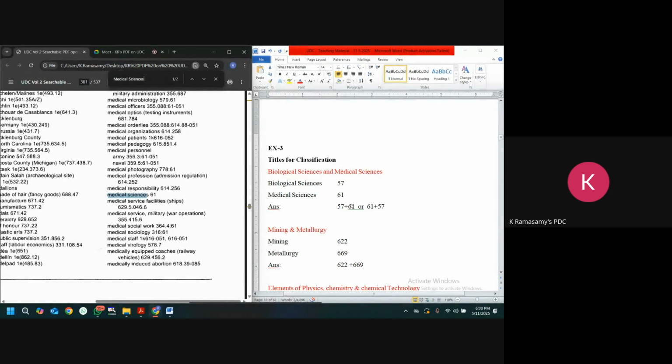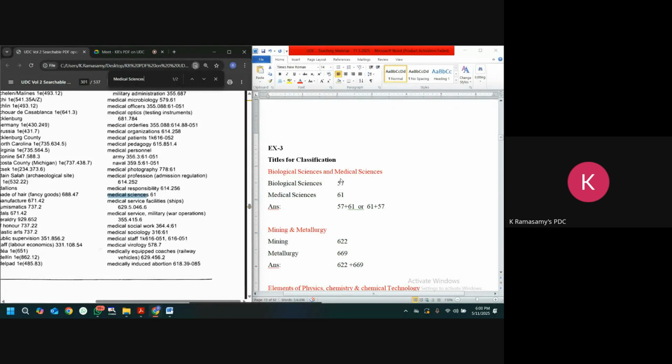So there are two subjects, medical sciences and biological sciences. In one textbook, both these subjects are covered. So what I'm supposed to do is join together these two subjects. And these two subjects are non-consecutive. One is 57, the other is 61. Both are taken from two different parts of your main schedule.